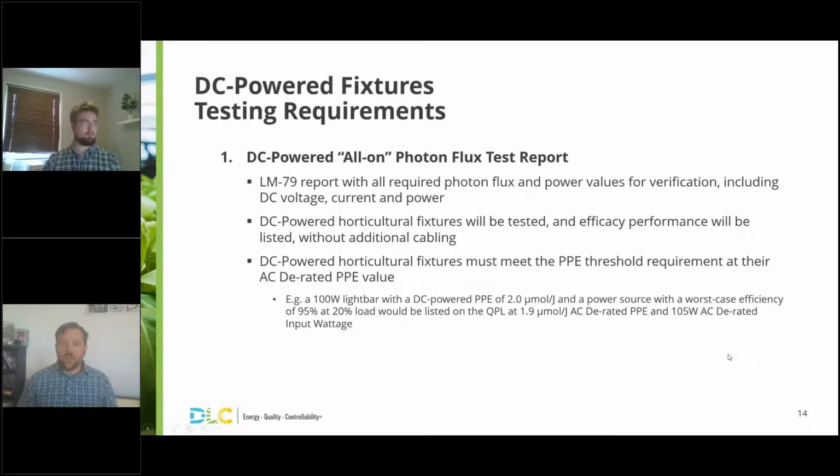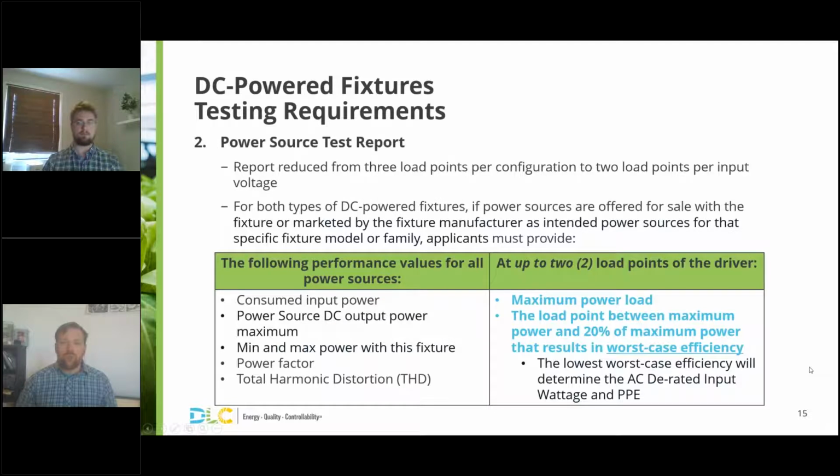Next slide will show our power source test report. Here we see the information that we're trying to collect on the power source, the AC to DC power source. This is the term we have settled on. Instead of AC to DC driver or power supply, we're consolidating that into calling it a power source.